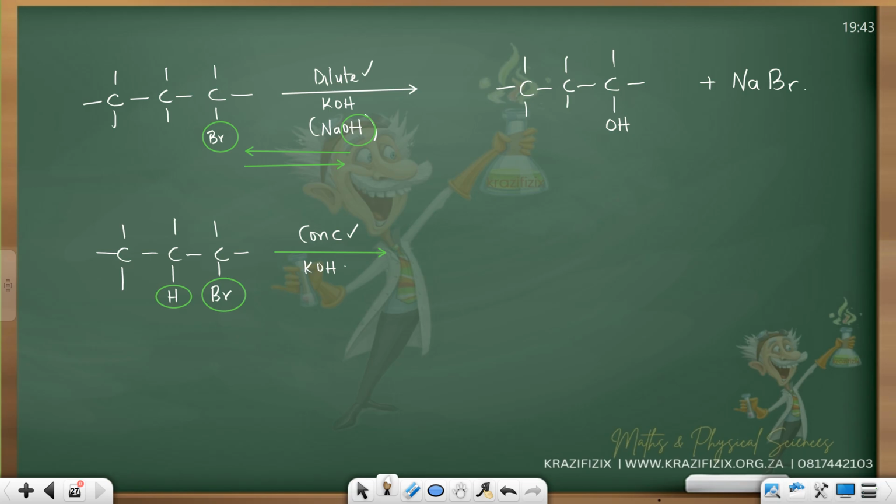So what will I be forming? 1, 2, 3. I have removed these two, so I'm putting a double bond. Plus, please watch, these two guys are empty, so I have KOH, and I have HBr.